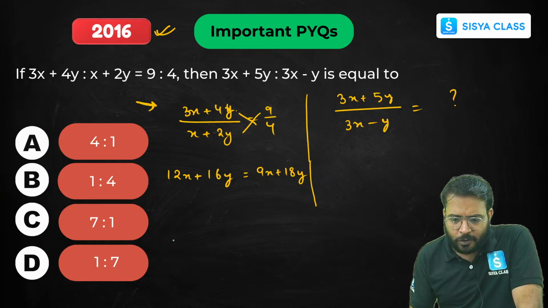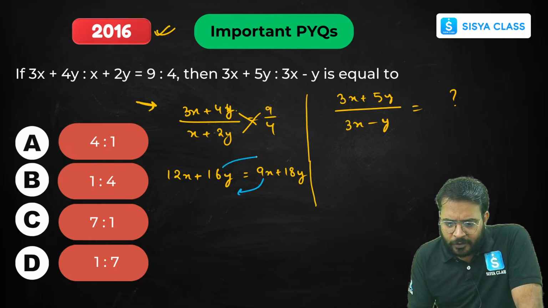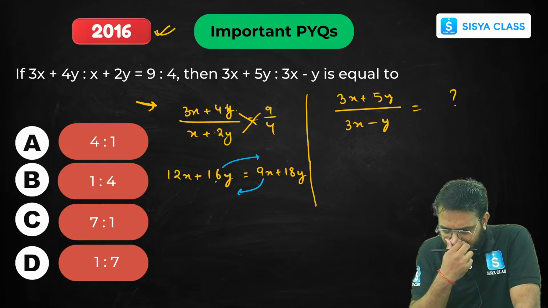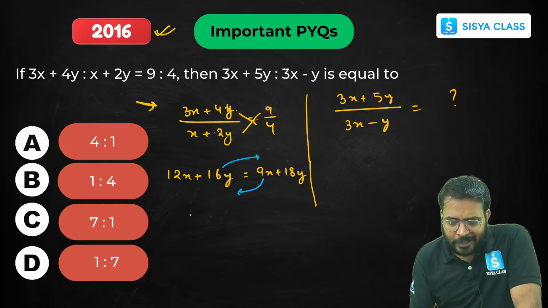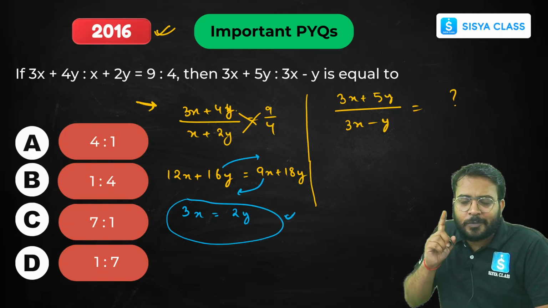Definitely. Just transfer 9x to the other hand side, 16y to the other hand side. So 12 minus 9x is 3x, is equal to 18y minus 16y, which is 2y. That means you have 3x is equal to 2y. You got one relation, 3x is nothing but 2y.